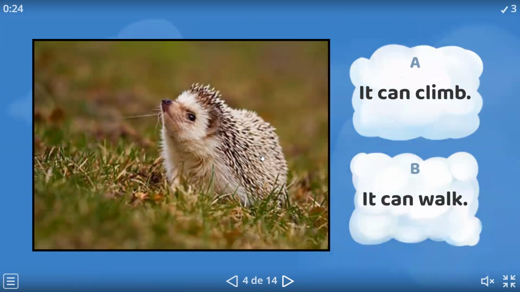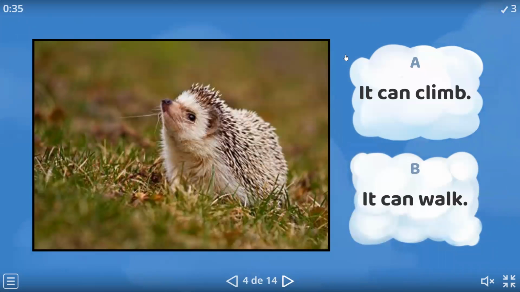Now, what about this? It can walk. And how do we call it in English? Any idea? In Spanish it's a body that was.